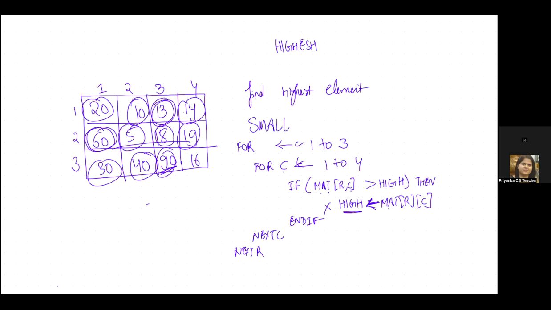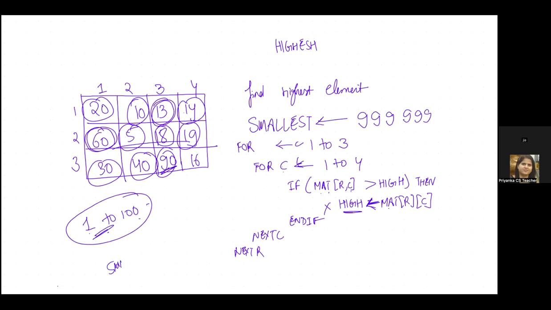Right. So we are making one variable smallest, which is one big number, 9999, or you can decide during your exam. If your exam says that the two-dimensional array is holding numbers between 1 and 100 only, then in that case you can set your smallest to 101, because 101 is bigger than all of them.